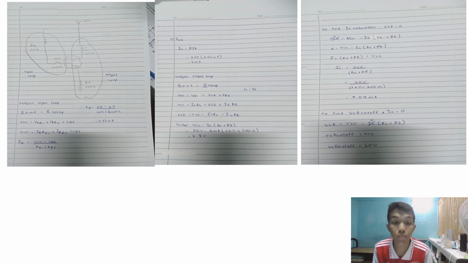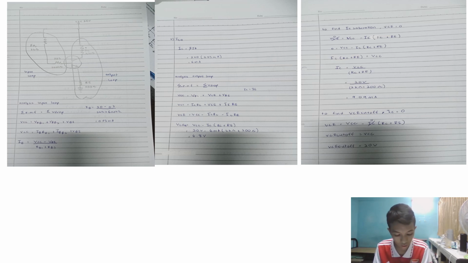Analysis of the input loop. The summation of EMF is equal to the summation of V drop. So VCC is equal to VRB1 plus VRB2 plus VBE. VCC is equal to IB RB1 plus IB RB2 plus VBE.